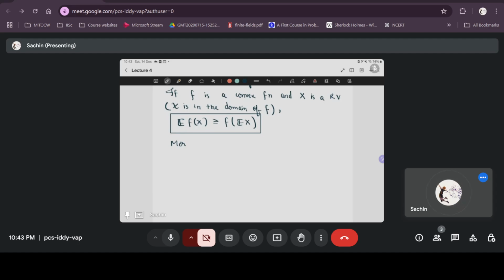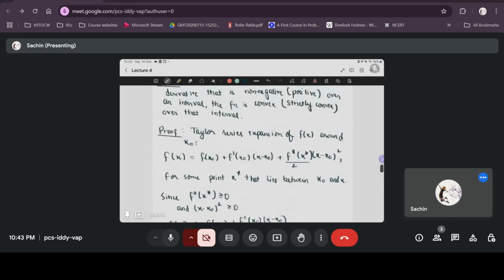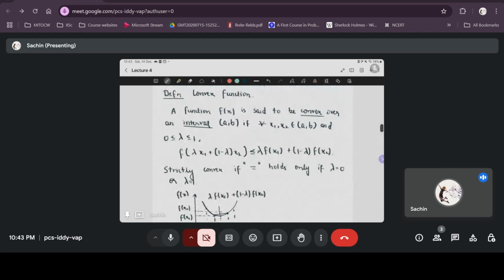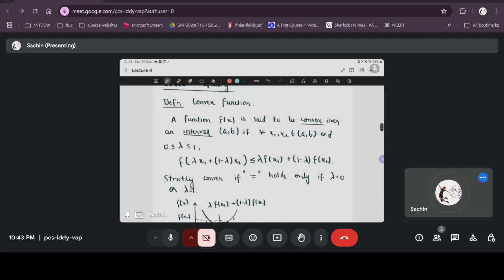So say here you have this definition of a convex function for two values, x1 and x2, and for some value lambda greater than or equal to 0, less than or equal to 1, then you could think of this as a probability distribution for the two values x1 and x2. Say there is some random variable x which can take values from script x, which is x1 and x2.